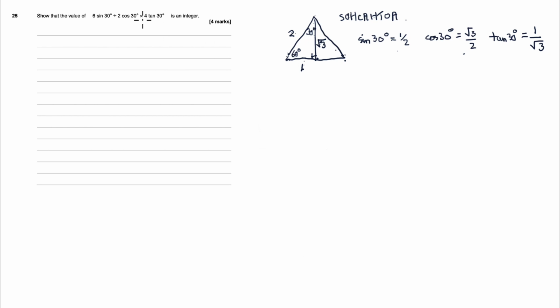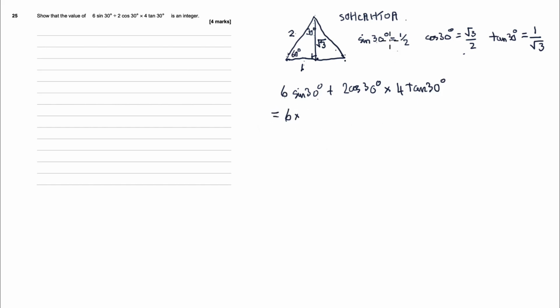So we can now go to our expression, which is 6 lots of sine 30 plus 2 lots of cos 30 times 4 lots of tan 30. And we can plug in these values that we've worked out.